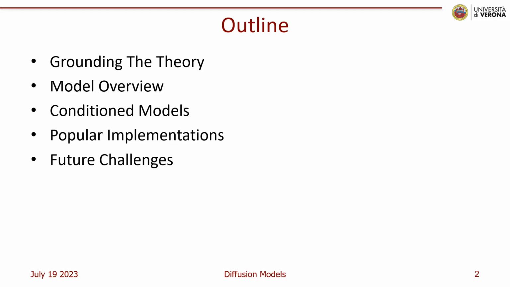After that, I will introduce conditioned models, which are sort of an evolution of diffusion models that can guide the generation with what's called conditioning. I will introduce some of the most popular implementations right now, so that if you want to work on it, you can see where to look. And then Luigi will talk about the future challenges and the work that's being carried out.